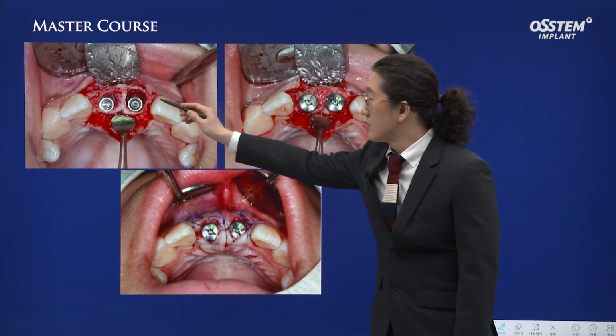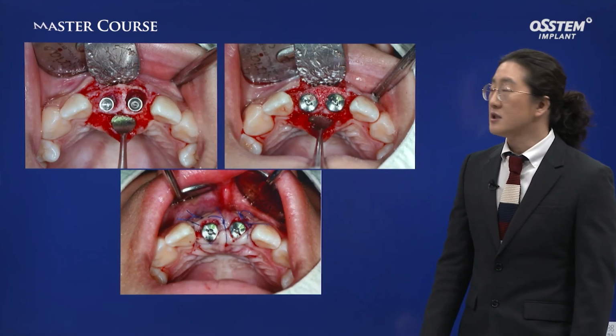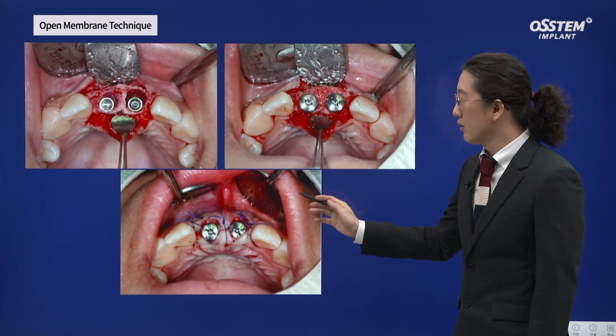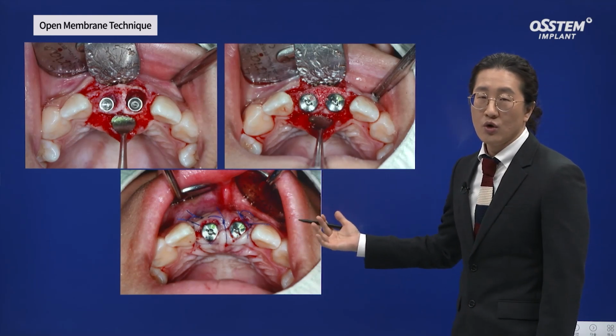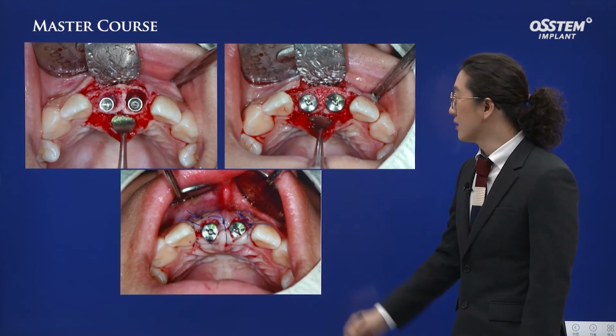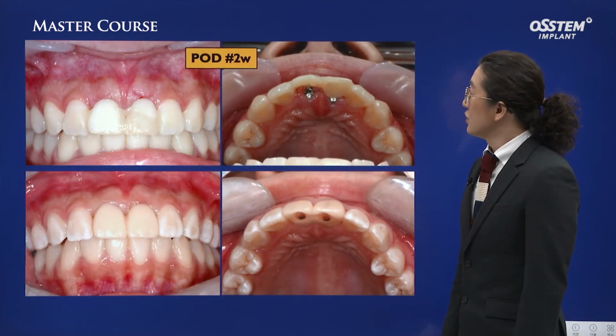The reason being the defect was a self-contained defect, an extraction socket. It fell into the indication category, therefore releasing incision was not made, and we did not need to lose attached gingiva. I was able to proceed with surgery in a very simple manner.